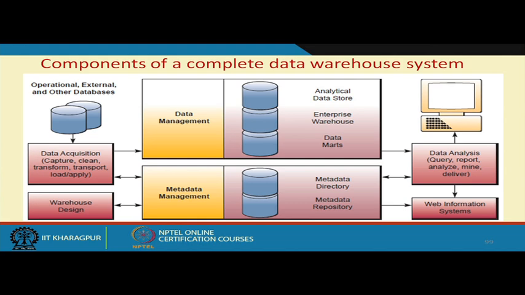You have your data from various sources which are put together, and you have another system for managing your metadata. Now, what is metadata? Metadata is basically data about the data. For example, consider a customer record. A customer record consists of many fields: employee code, name, department, and so on.